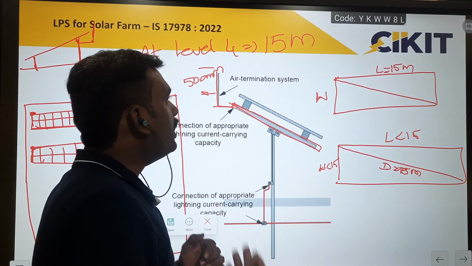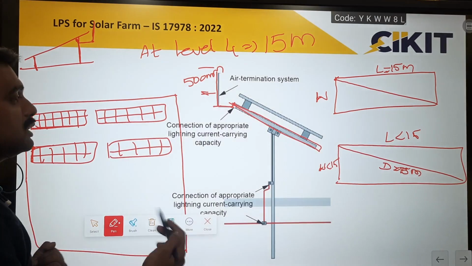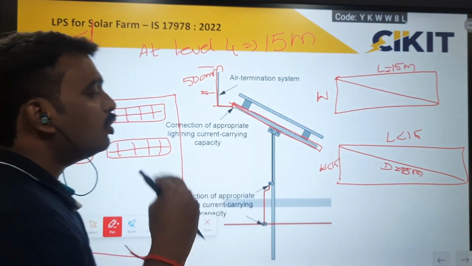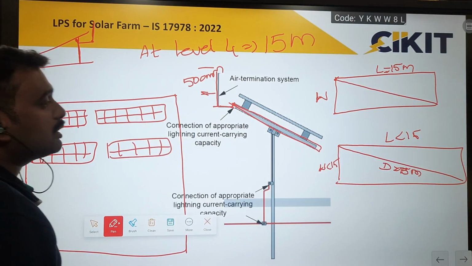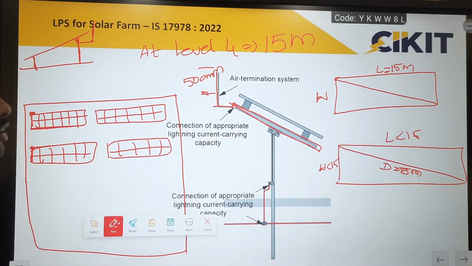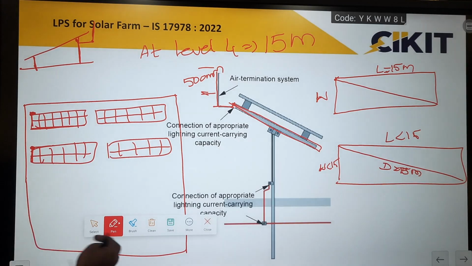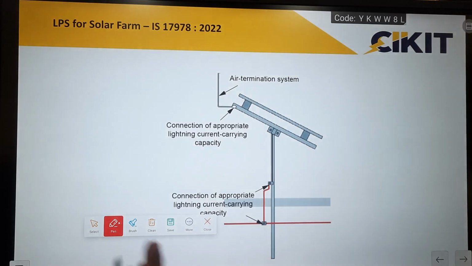So whenever we are performing design as per the rolling sphere method, the maximum distance which we are calculating has to be considered on the diagonal side and it should not be on either the length or width of the rectangle. Since 15 meters is coming, I will consider the 15 meters along the diagonal of the rectangle and I won't consider it on the length and width. Based on this calculation, I have to provide multiple rectangles.